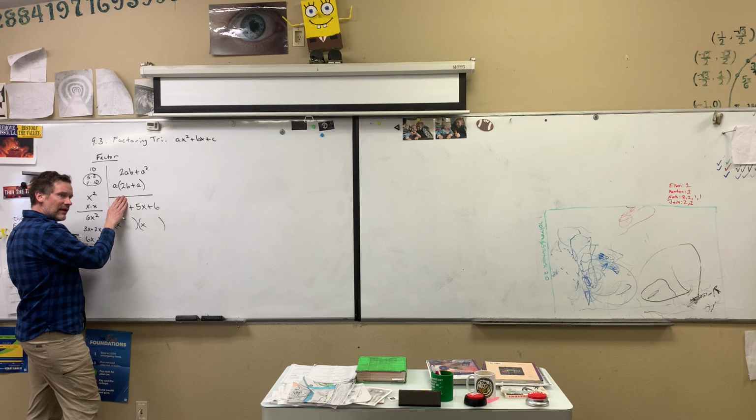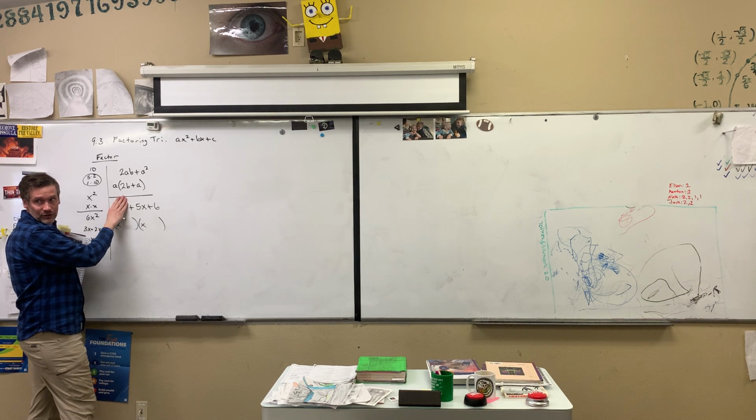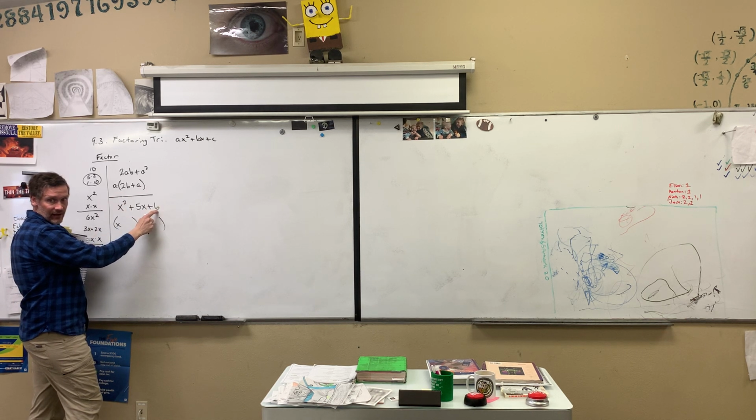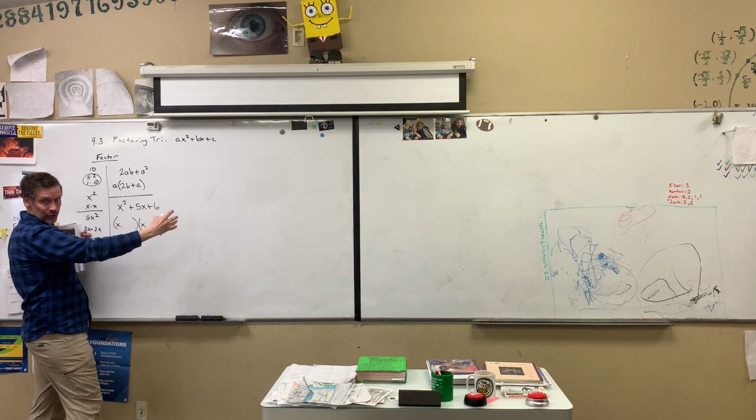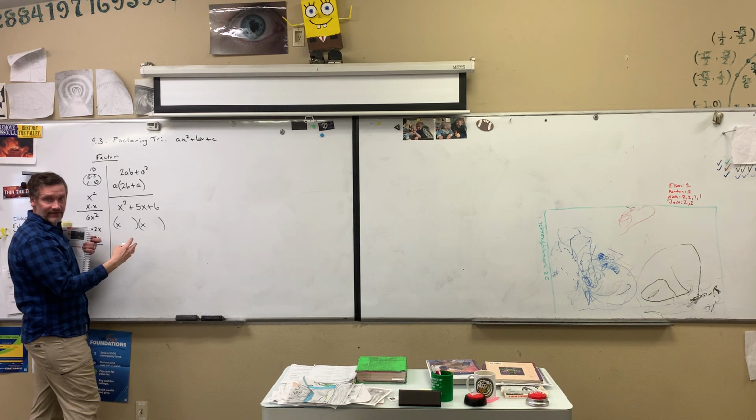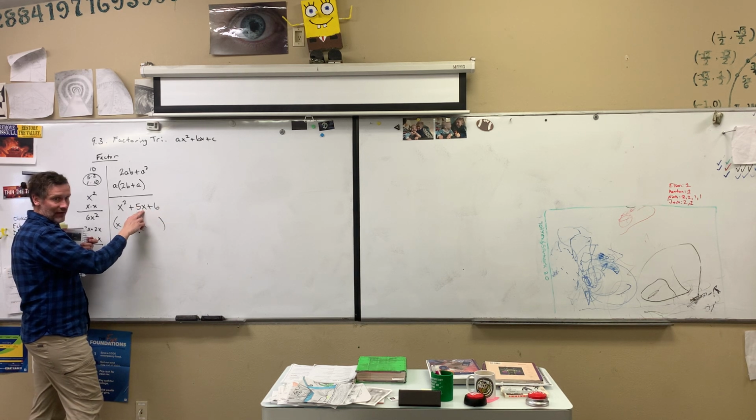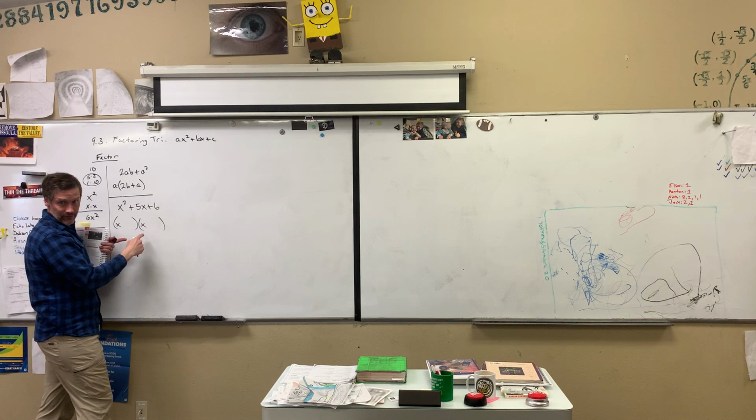Then we had to deal with the 5 and the 6. Remember what we would ask: what times what gives us 6? Because that's your outers. And added together gives you 5x, that's your outers plus your inners.